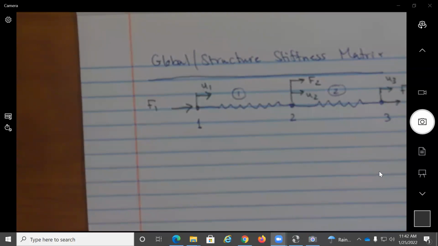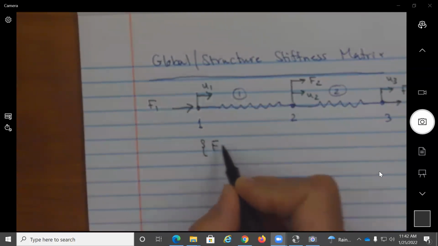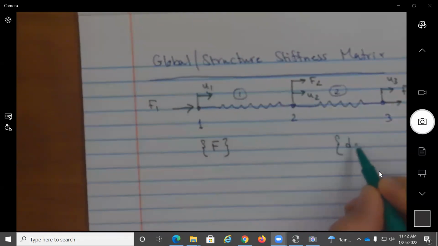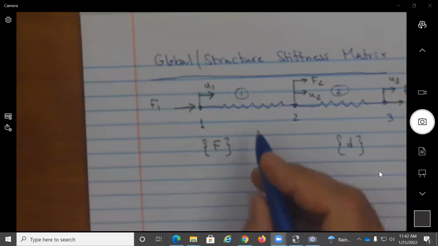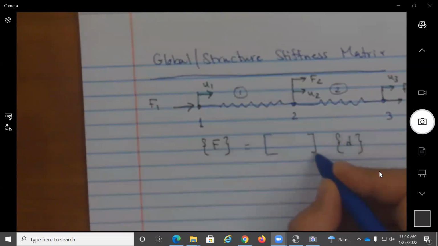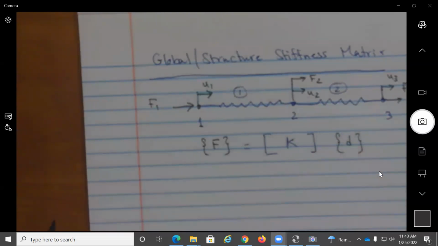The global stiffness equations are going to relate the column matrix of the uppercase F to the displacement matrix of all the U's for the structure. So these two are going to be related via a global or structure stiffness matrix.